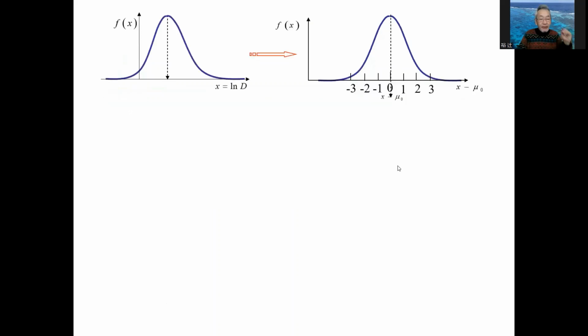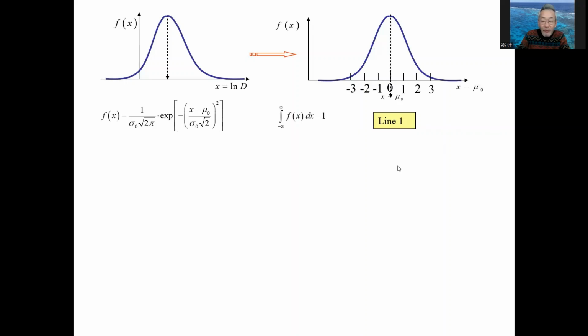First, change the horizontal axis from x to x minus mu0. The log normal distribution function is given by the equation on the first line. The range of D is from D equals 0 to D equals infinite, and the lower limit of D is 0.